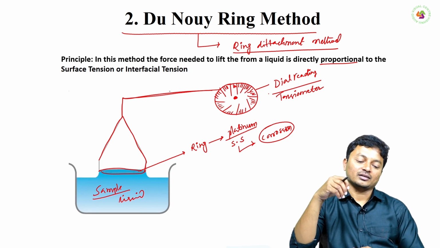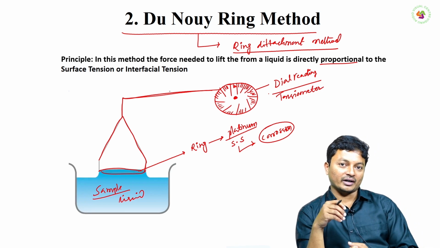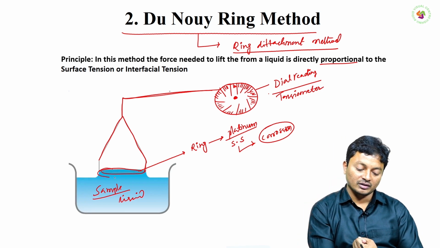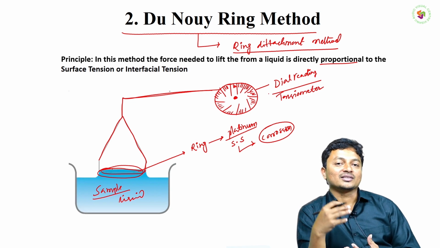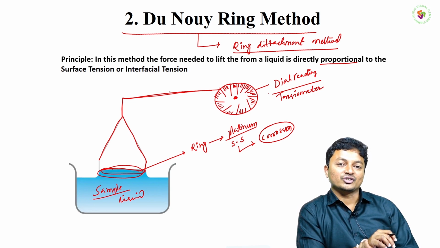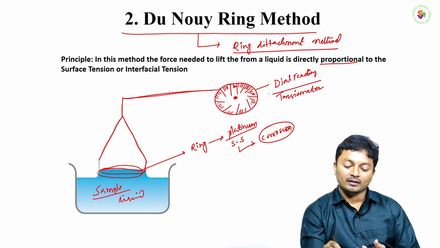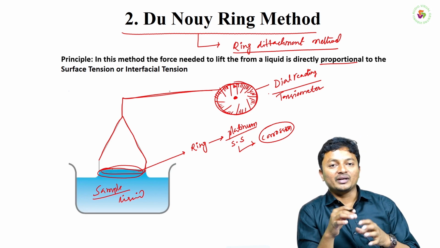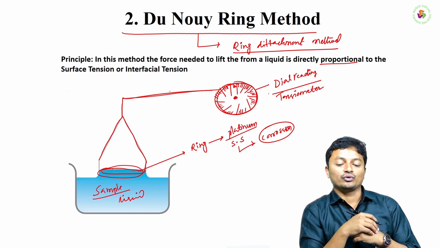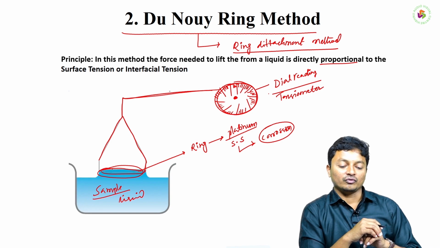When the liquid is in contact with the ring, it is immediately affected by the surface tension or interfacial tension, and that reading is measured with the help of this dial reading or tensiometer.